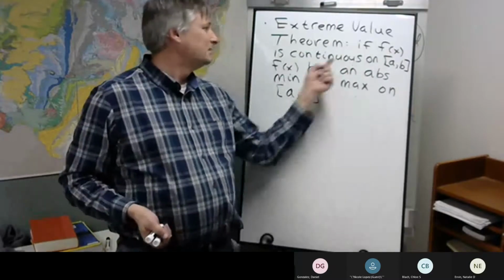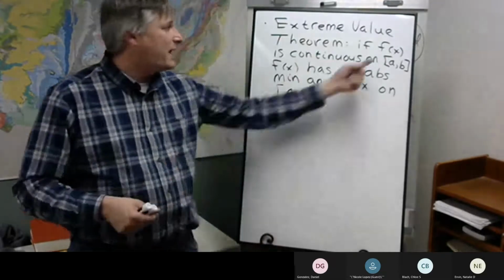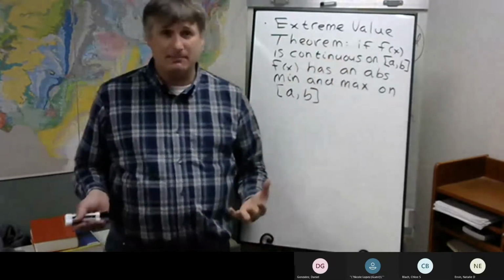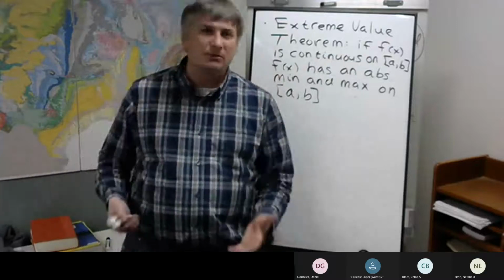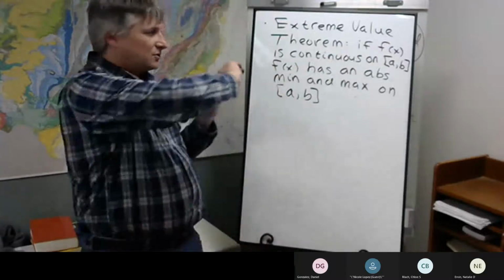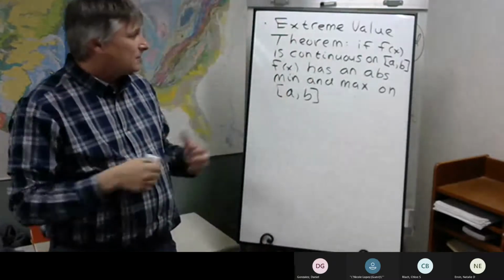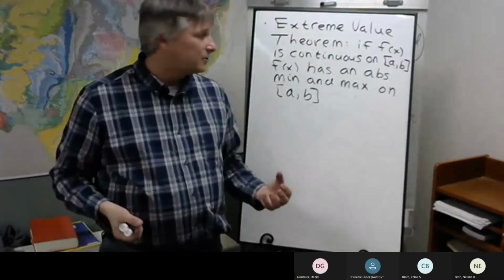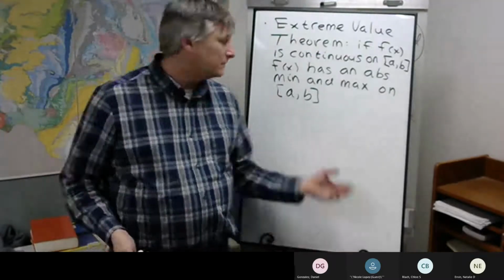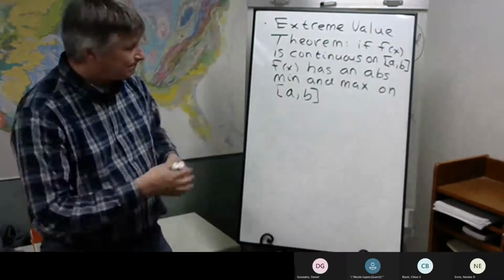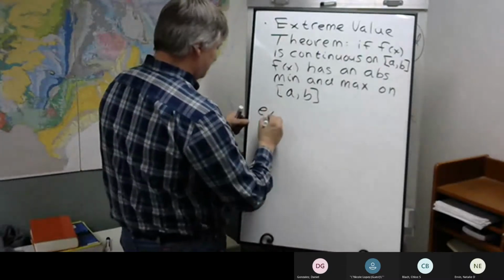So the asymptote example wouldn't count. We need f of x to be continuous on AB. So no asymptotes, no gaps, no jumps, nothing like that. It's just going to be smooth and connected with no holes. So as long as f of x is continuous, you will always have an absolute minimum and an absolute maximum on AB.